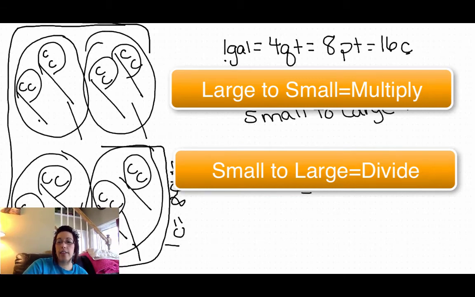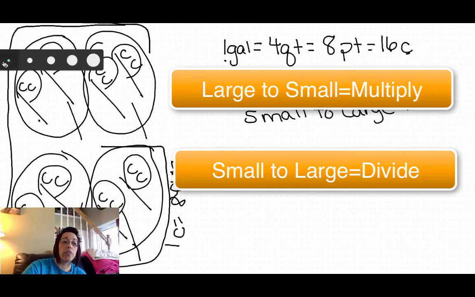So with capacity, it really doesn't matter if you do the math and divide and multiply, or if you choose to draw the gallon. Like I say, that's my favorite way to do capacity.